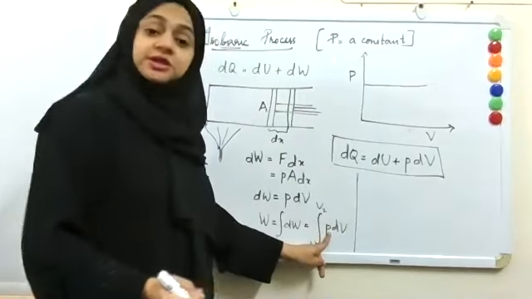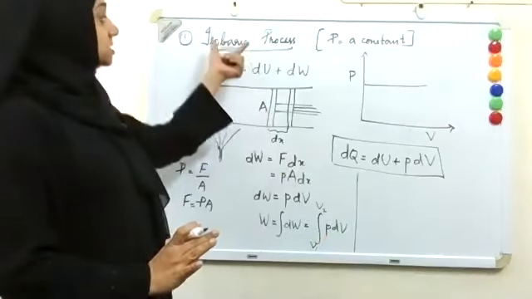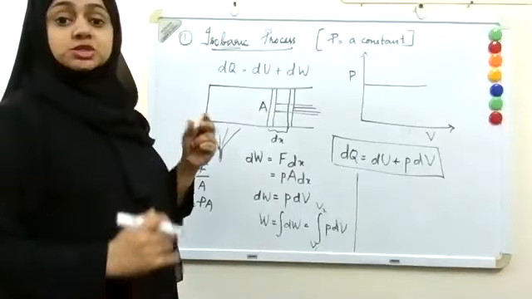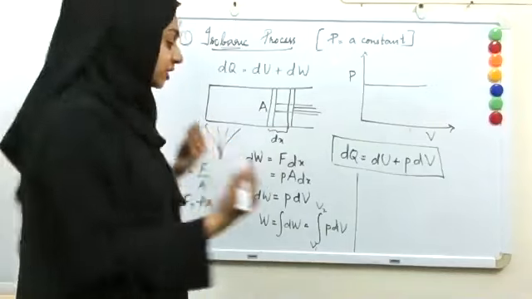Now here the pressure is a constant because it is an isobaric process, so I can take pressure out of the integral.